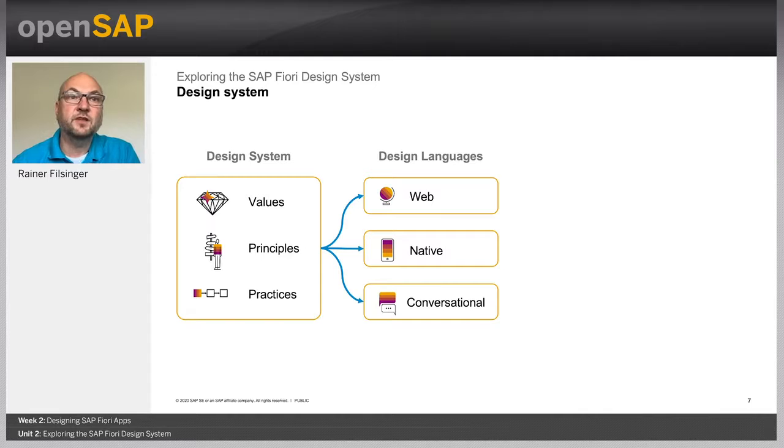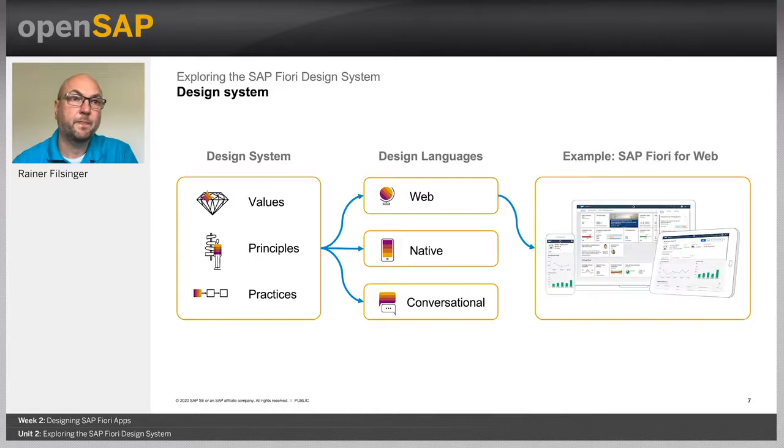The design system is then broken down into several design languages that feature several platforms like web, native, or conversational. SAP Fiori for Web, for instance, is the design language for browser-based applications, independent from device or screen size.